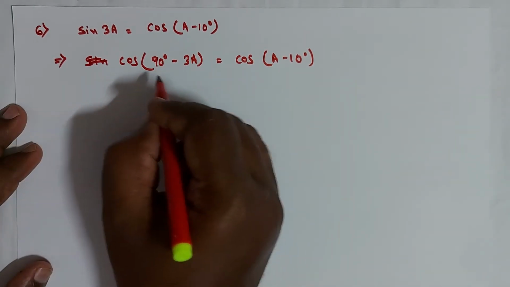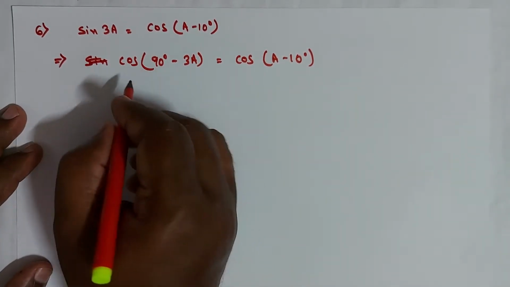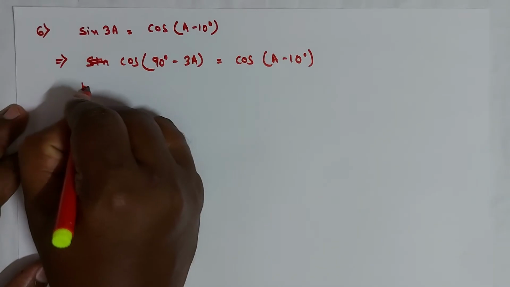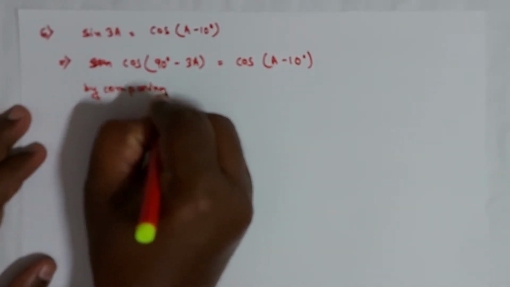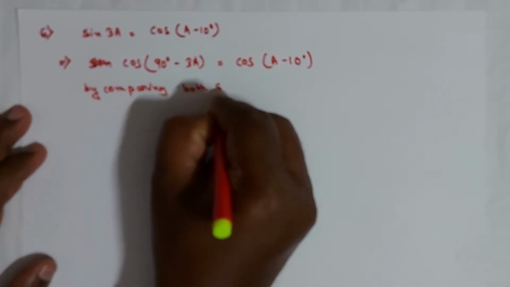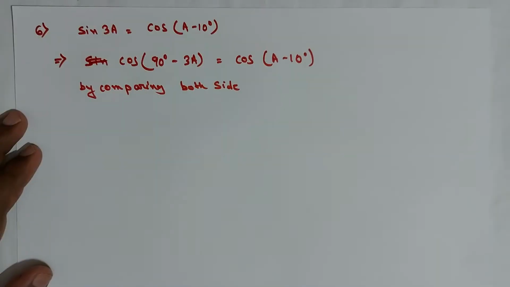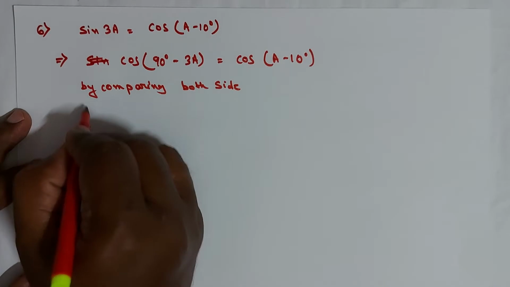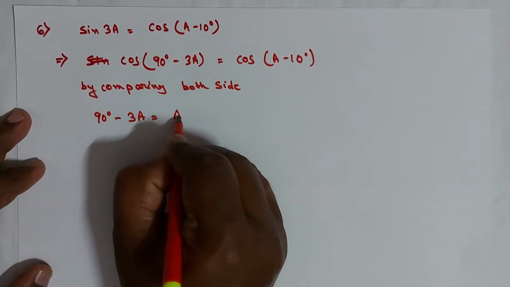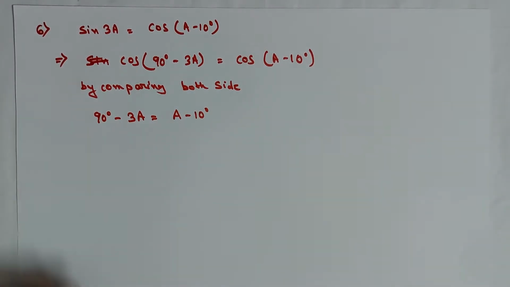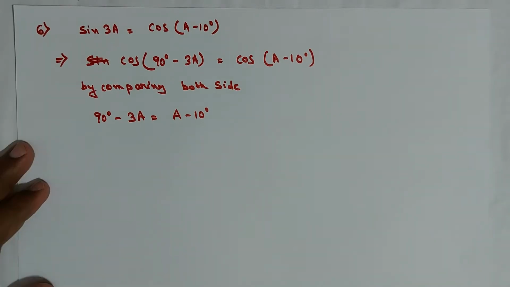Now by comparing both sides, we get 90 degrees minus 3A equals A minus 10 degrees.